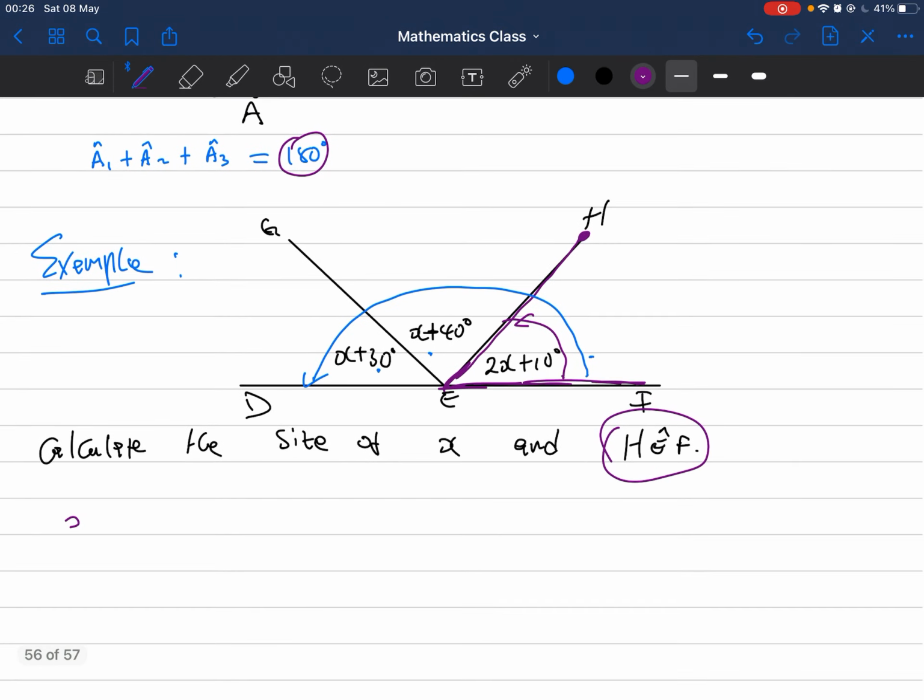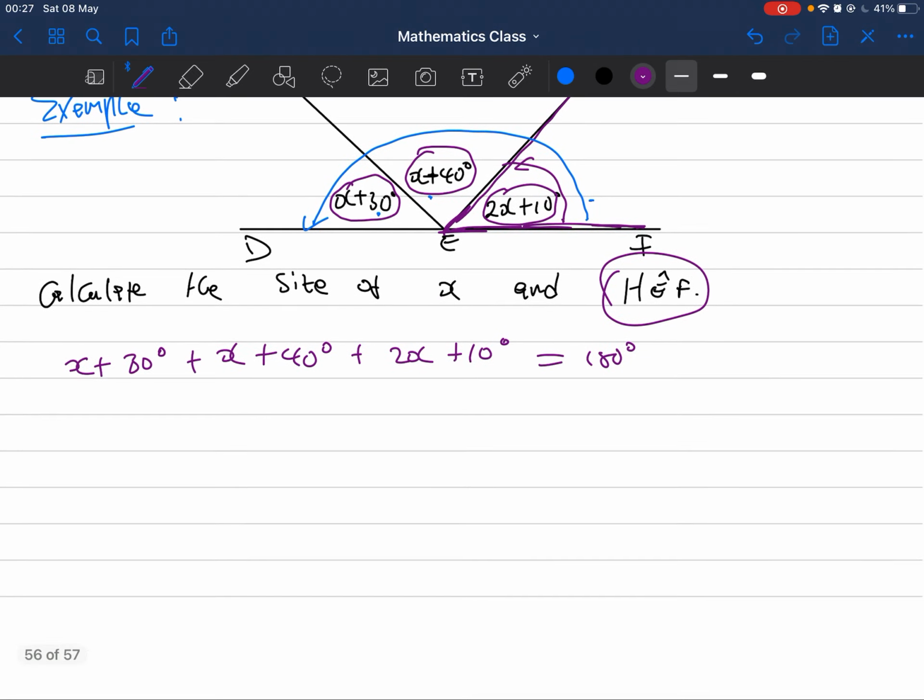So we're going to say x plus 30 plus x plus 40 plus 2x plus 10 is equal to 180. The sum of these angles gives you 180. And from here, you can group the like terms.